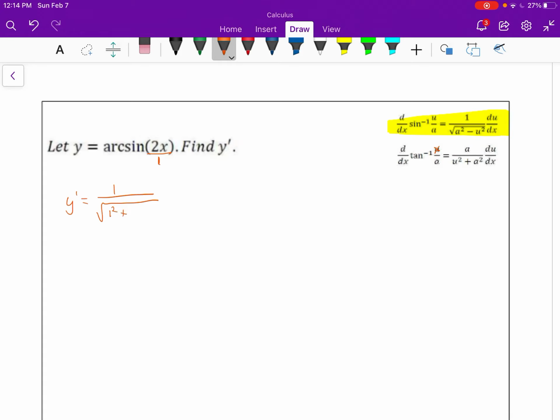So 1 squared, sorry, not plus, minus u squared, well that's our function, so minus 2x squared. But then we have to take the derivative of what's in the function, so times the derivative of 2x, which is 2. So we have y prime equals 2 over the square root of 1 minus 4x squared.